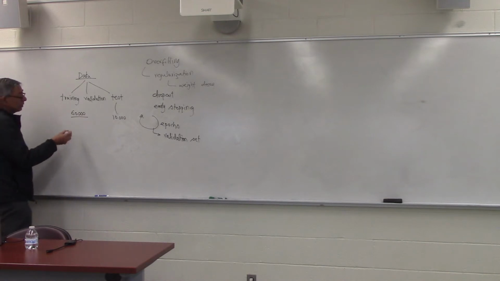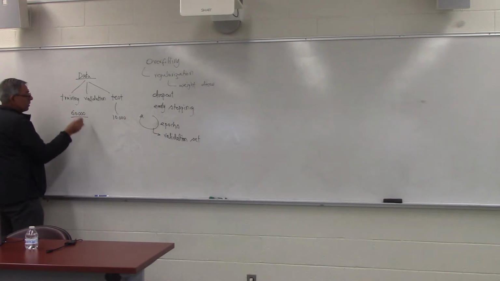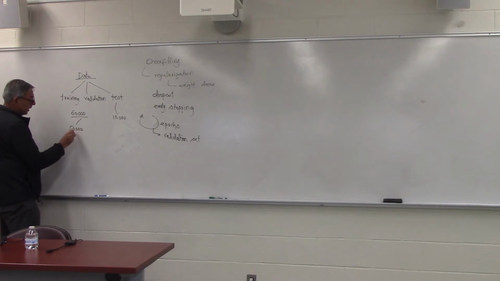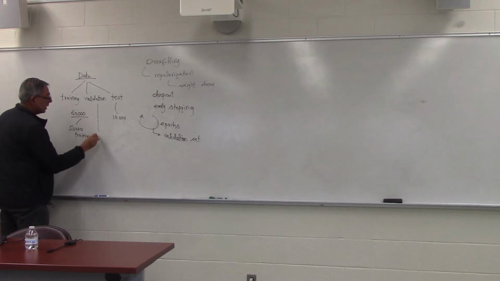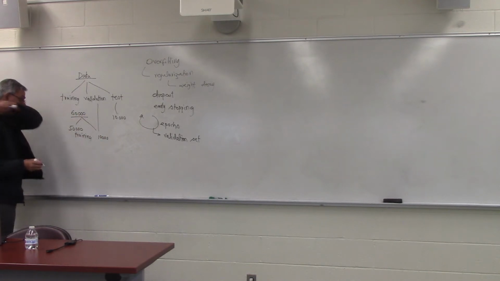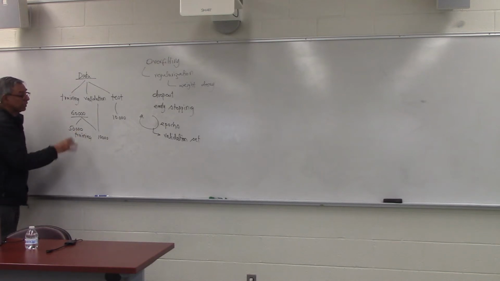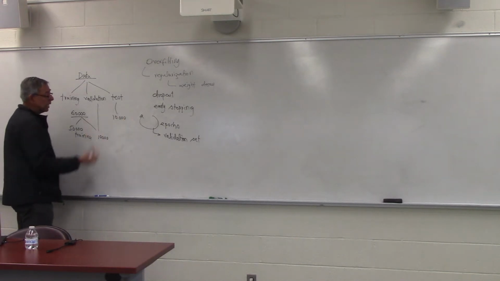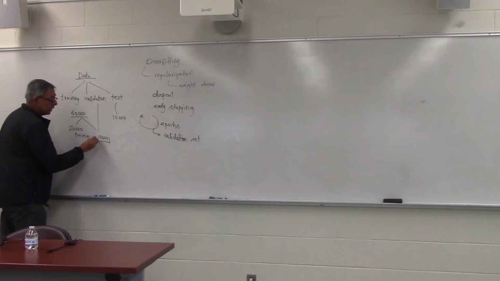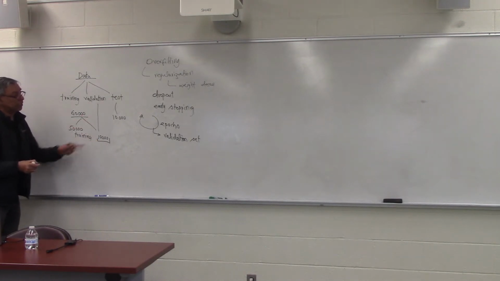So then what we can do is break this 60,000 into, let's say, 50,000 for training and 10,000 for validation. So at the end of every epoch, we test it on the validation set.